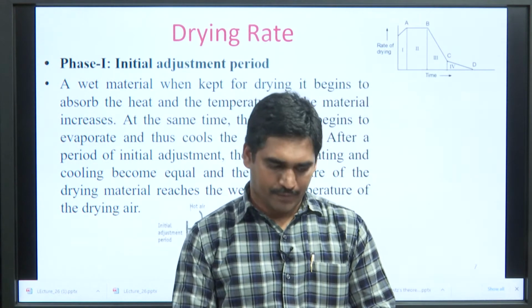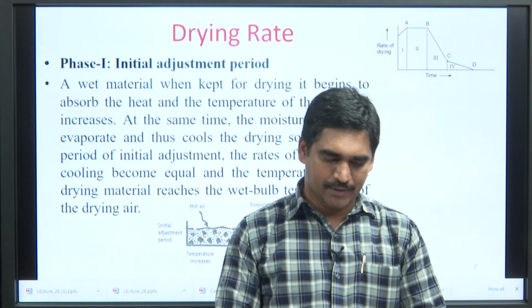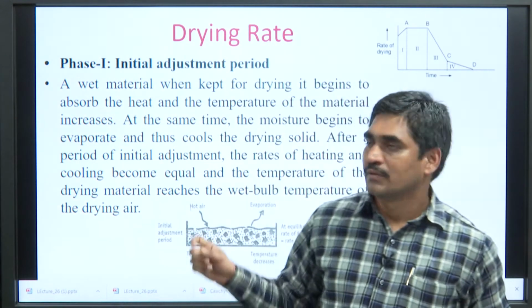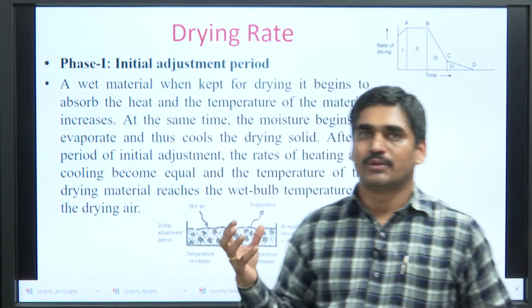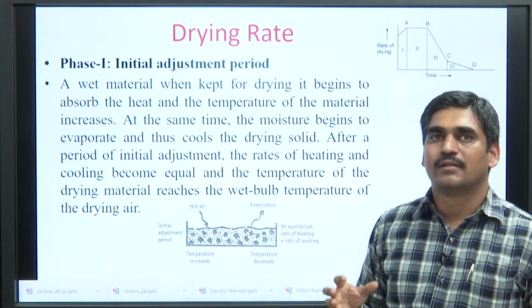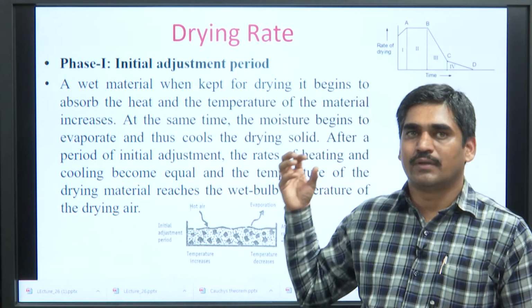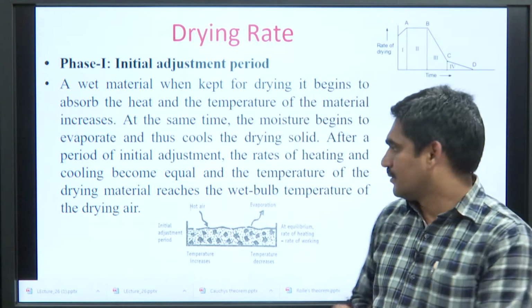Phase 1, that is called the initial adjustment period. In the initial adjustment period, what happens? We take a wet material and keep it for drying. While drying, it begins to absorb heat.